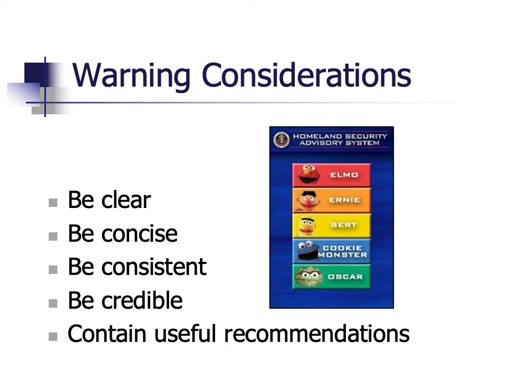Our messages must be credible in that they're given by leaders who people know and understand and respect. And the messages must contain useful recommendations, advice for protective actions. Keep in mind the Homeland Security system that existed in the past had almost none of these, and that's why it was the butt of many jokes on late night TV.